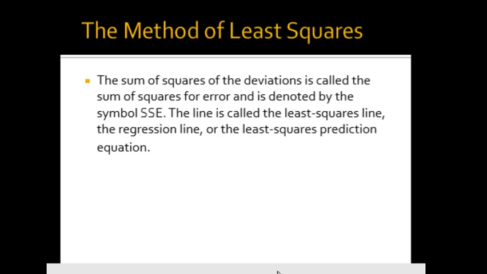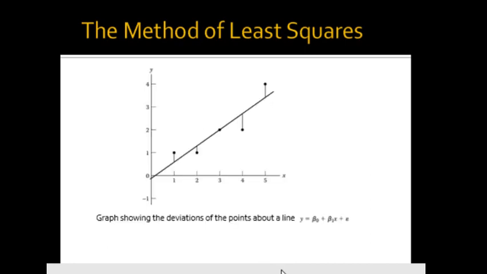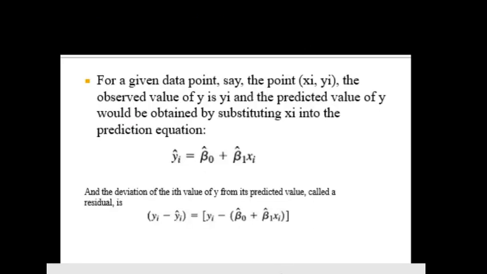The line that we will fit is called the least squares line, or the regression line, or the least squares prediction line, most commonly called the regression line. Here is the idea once more. We are trying to fit a line which minimizes the sum of squares of errors, and there is only one line that does that.